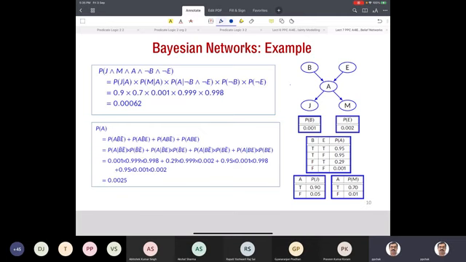So now, once we have this, we can answer many questions. We want to know the probability that J is true and M is true and A is true and B is not true and E is not true.